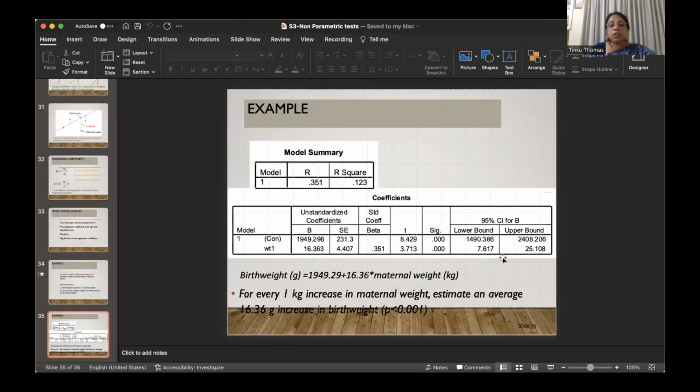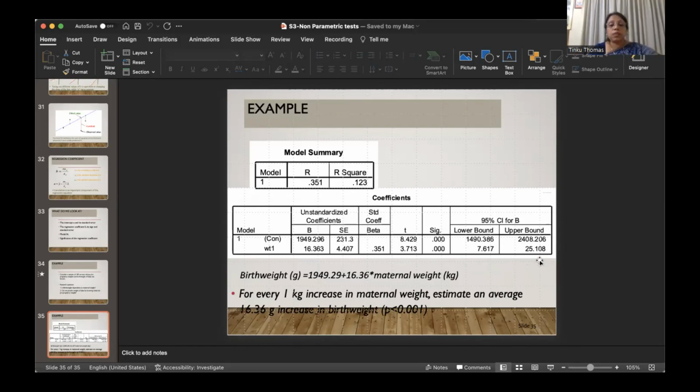The confidence interval is quite tight about this point estimate of 16 grams, which is additional information. If you are reporting that, it is also good to report the confidence interval. Say that the observed difference was 16.36 with a 95% confidence interval of 7.6 to 25.1.